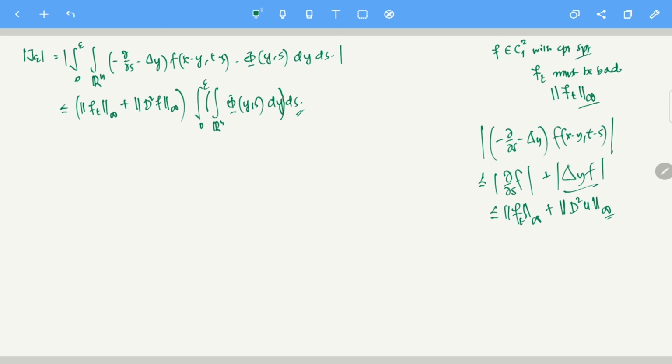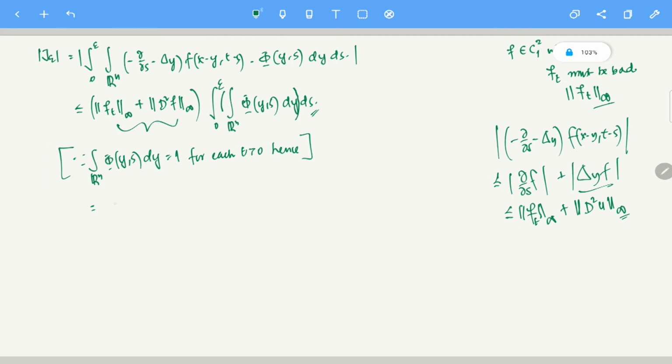So the integral of the fundamental solution over Rn, phi of y, s, dy, is 1 for each t positive. Hence we get some constant times the integral from 0 to epsilon of ds, so that is epsilon, so c times epsilon. Clear? I hope this is fine.